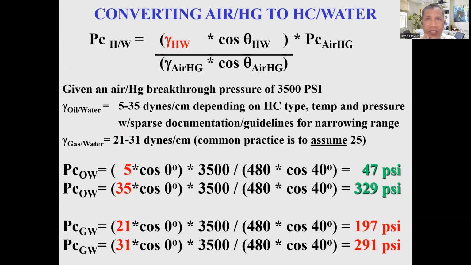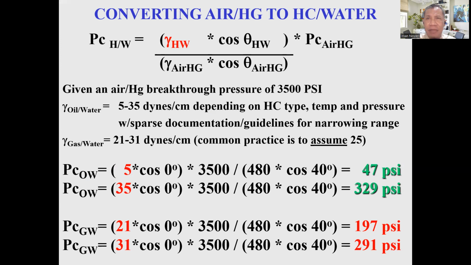A continuous discussion on the conversion of air-mercury to hydrocarbon-water system. It introduces the equation: PC hydrocarbon-water equals gamma hydrocarbon-water multiplied by cos theta hydrocarbon-water, multiplied by PC air-mercury, divided by gamma air-mercury multiplied by cos theta.